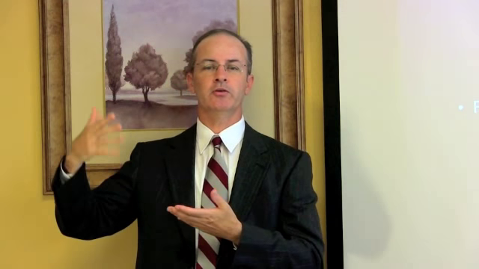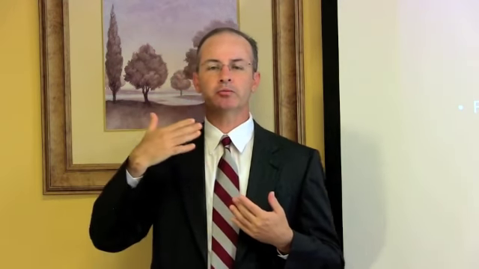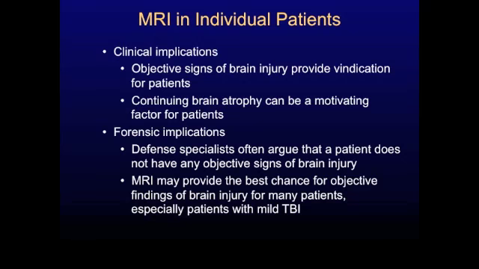We have multiple techniques, and I can now say to a jury or the court system, yes, I think they have brain injury, and not only that, there are these objective findings. That helps to make it easier for a jury to understand what the truth is and what's happened to this patient's brain. And that's very important for the medical legal cases.